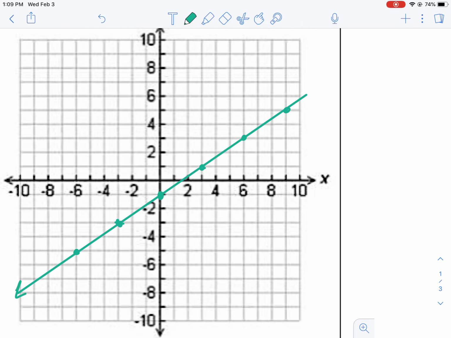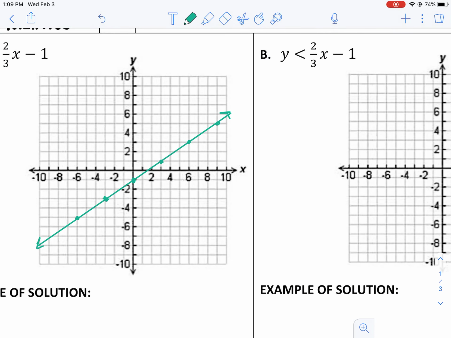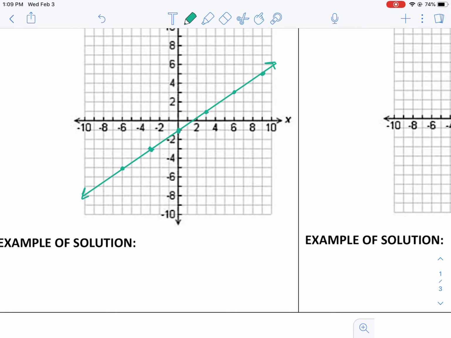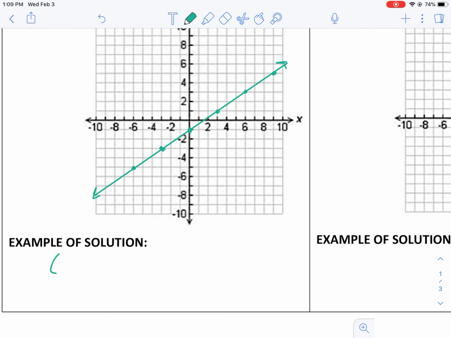Okay, so all of these points here are solutions. So for example, (0, -1) is a solution, or (3, 1) is a solution, or any of those points, okay?